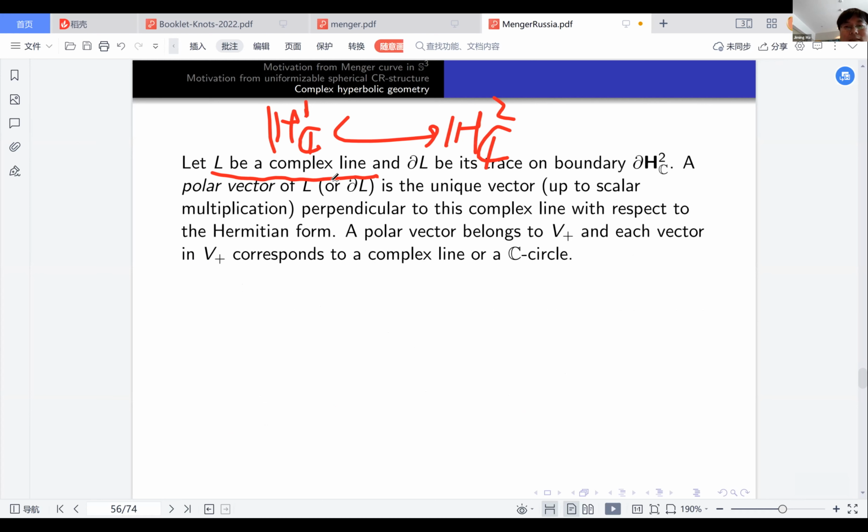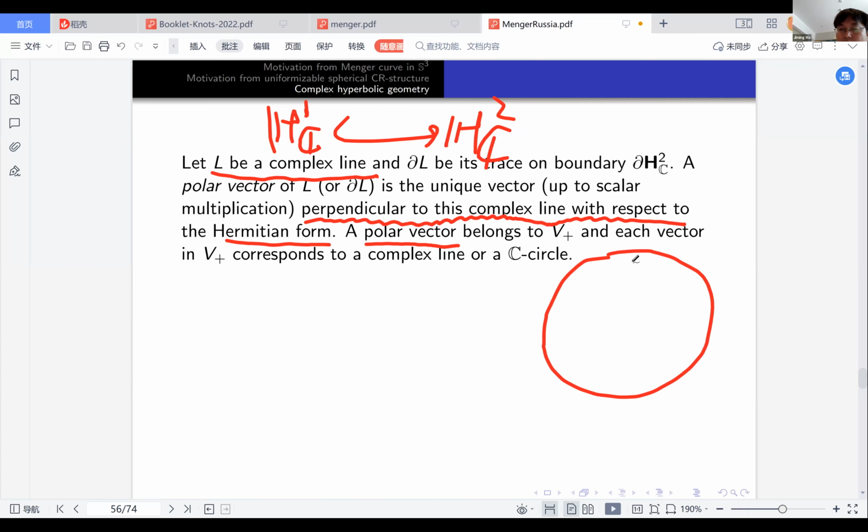So we consider a complex line, which is just HC1, the embedding in HC2, right? And we have a so-called polar of it. The polar of L is the unique vector which is perpendicular to this complex line with respect to the Hermitian form. This is similar to the case of real hyperbolic space: here L is HC1, here it is HC2, and here is the polar vector denoted by n.